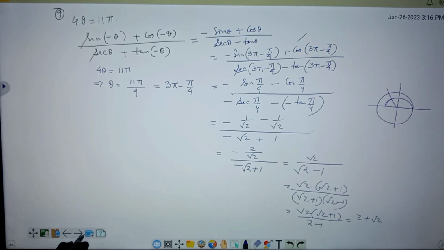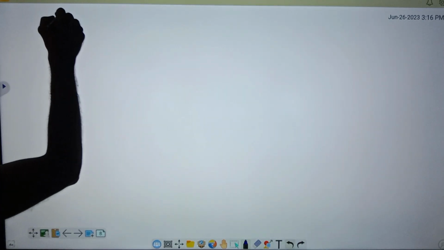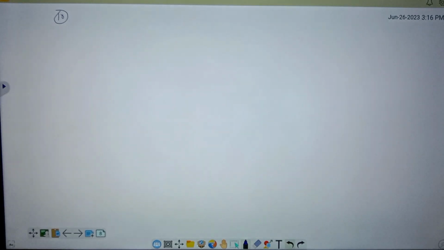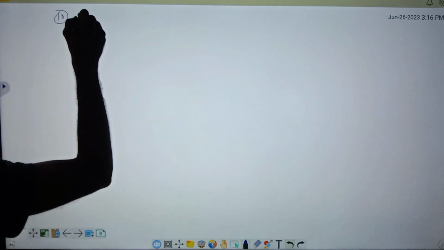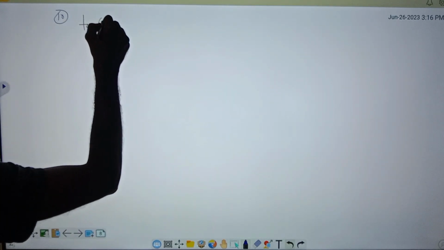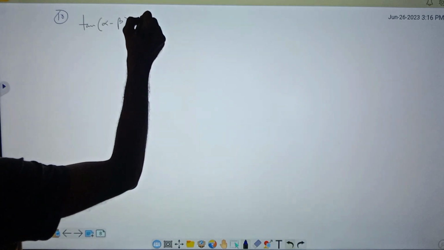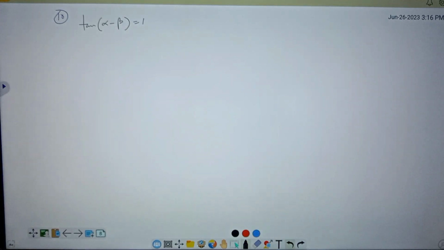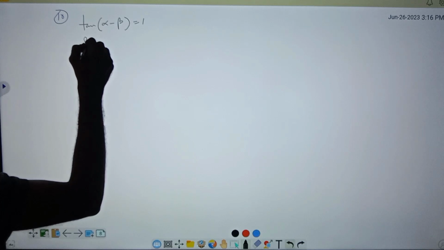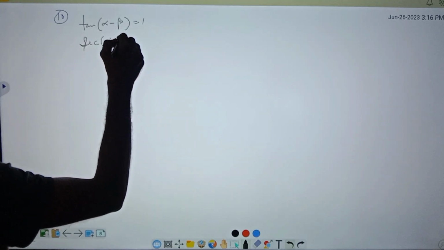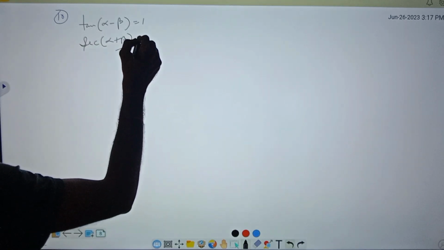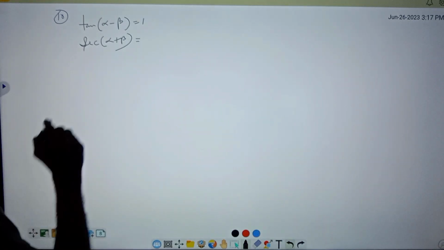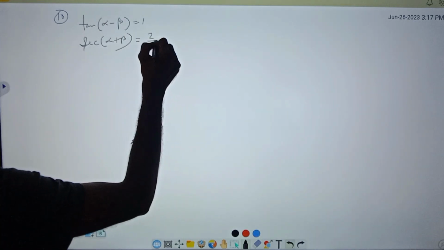Now we are going to proceed with our next problem, that is problem number 10. In problem number 10, it has been given that tan of alpha minus beta equals 1, and the second one is sec of alpha plus beta equals 2 by root 3.